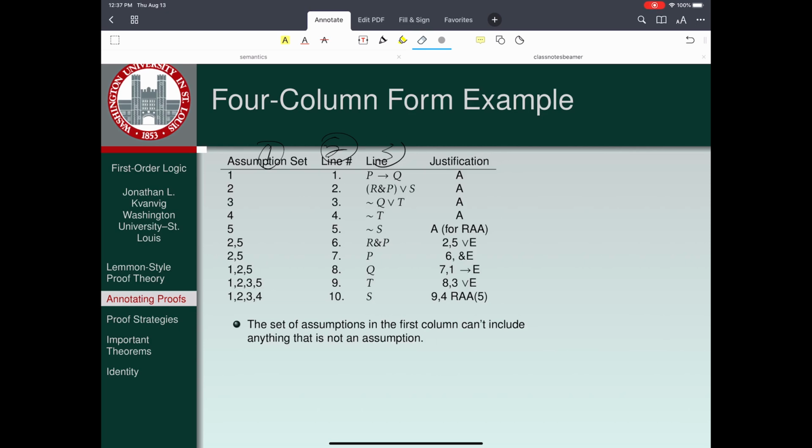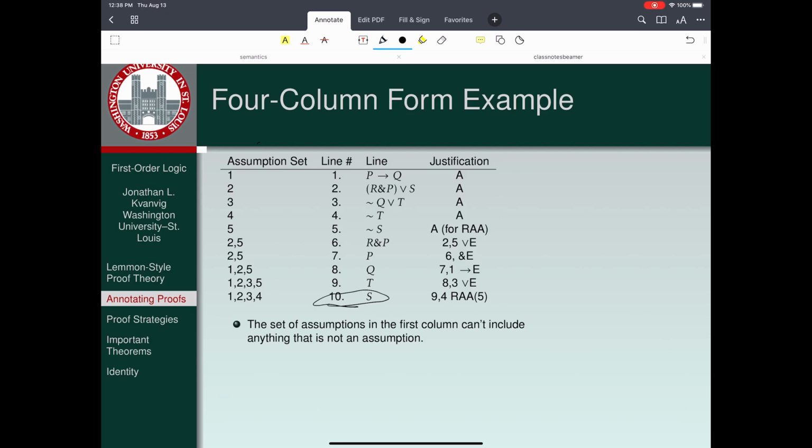The assumption set turns out to be important because in order to have a proof, you're required to get to the conclusion that you were told to derive from the premises, and you can't rely on any assumptions beyond the assumptions that you were given.